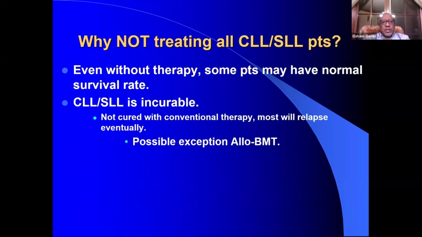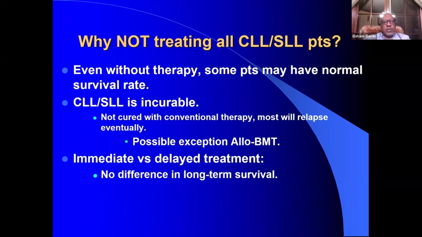Patients with CLL or SLL are considered incurable, not cured with conventional therapy, and most patients will relapse eventually, with the only exception if they undergo allogeneic bone marrow transplant. That's very rare. Immediate versus delayed treatment has been shown to make no difference in long-term survival.